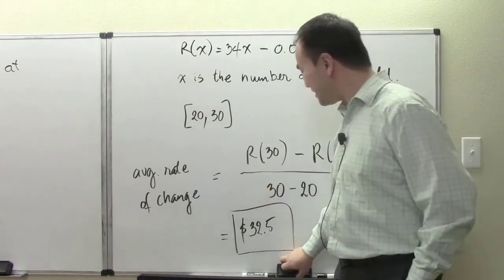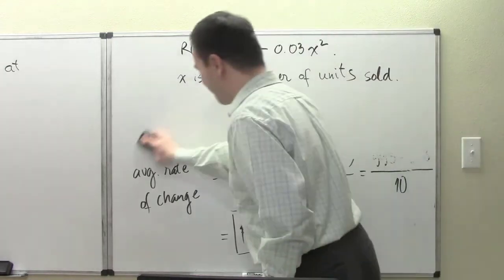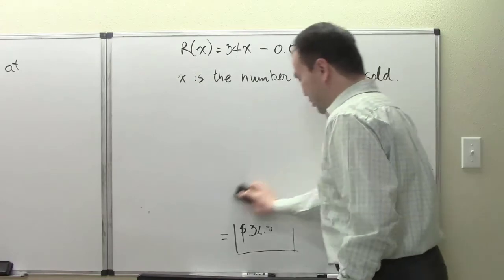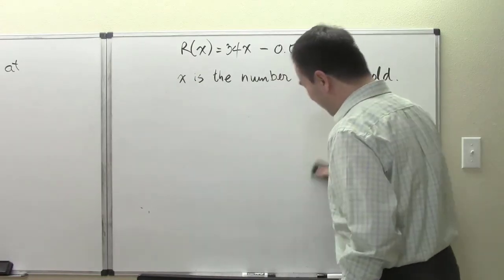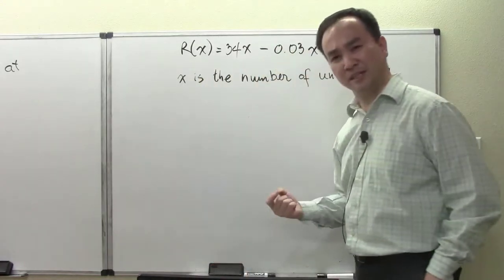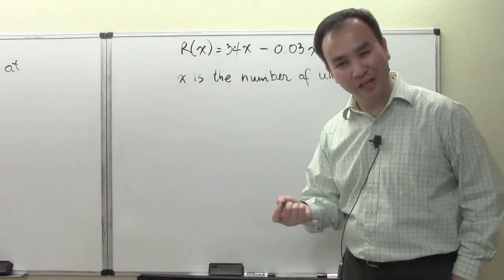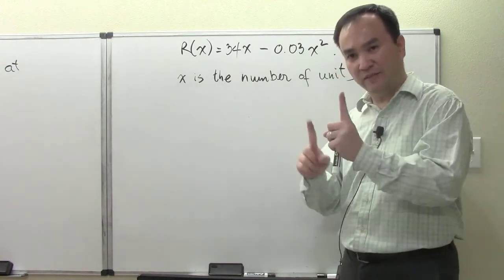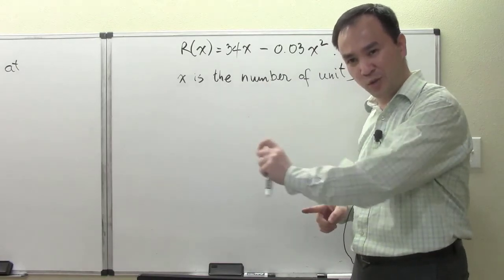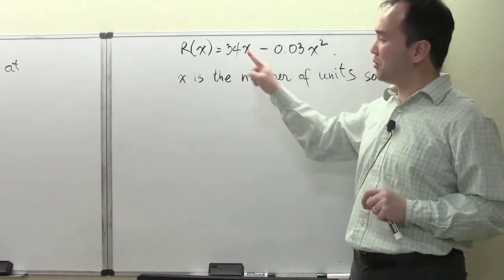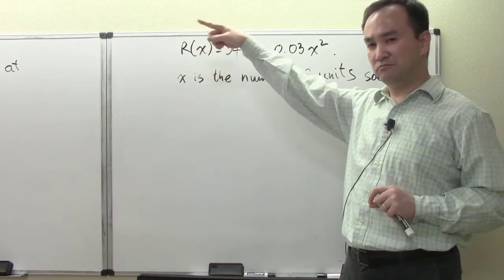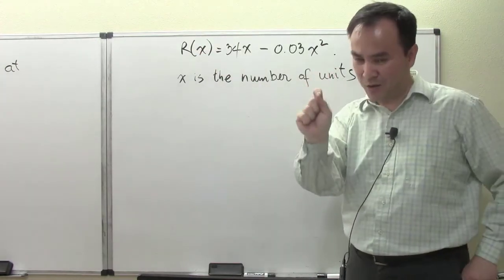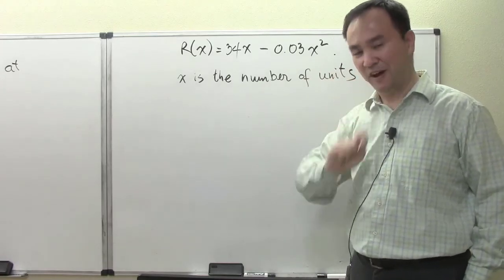And so again, we need the derivative. Because being an instant, we are only given one value. Instead of having an interval, we're only given one value, x equals 25. So we want to know, is the revenue increasing or decreasing when we are selling specifically 25 units?